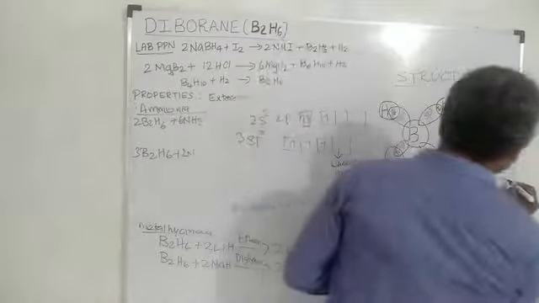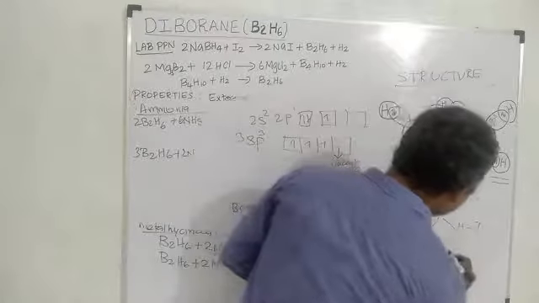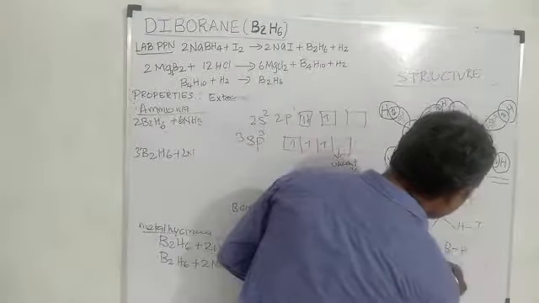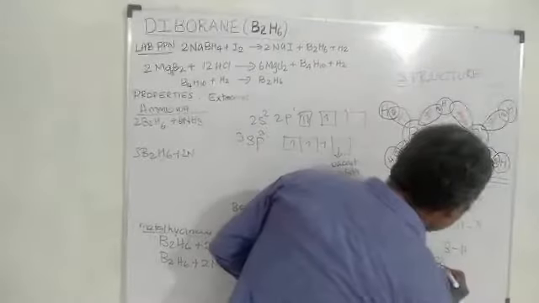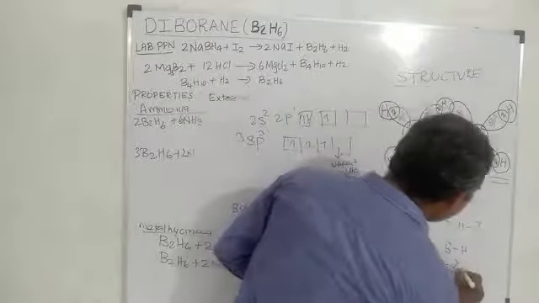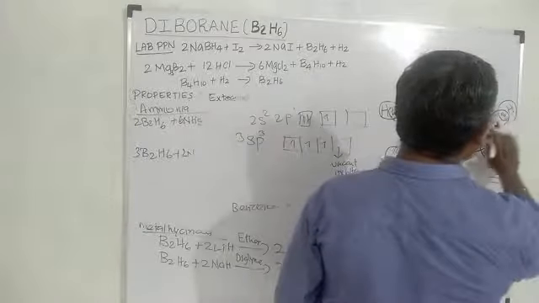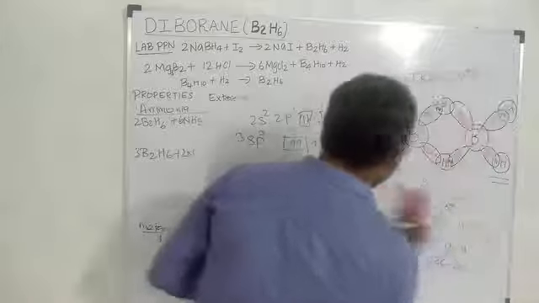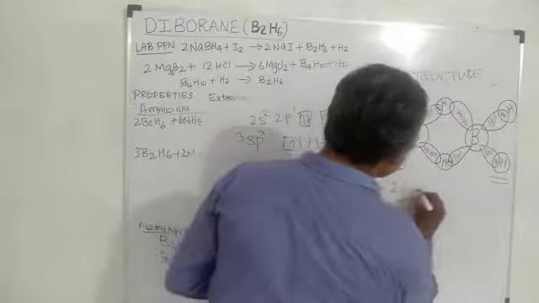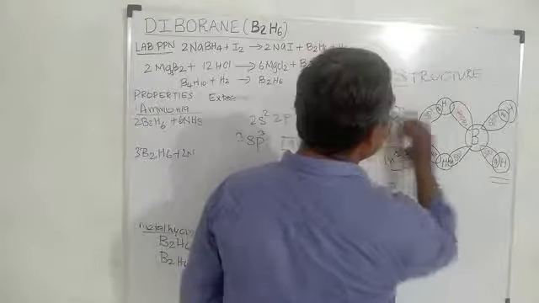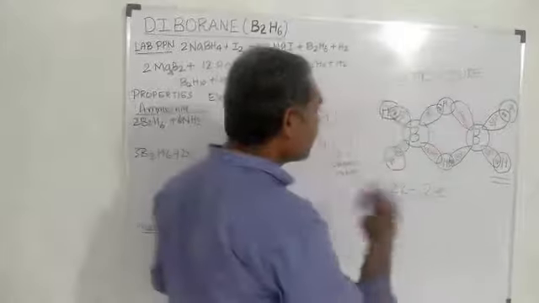So these are the terminal B-H bonds. In a terminal B-H bond there are two centers, boron and hydrogen, and 2 electrons are involved. So these are 2 center, 2 electron bonds. If you look at the structure, there are 4 such 2 center, 2 electron bonds.